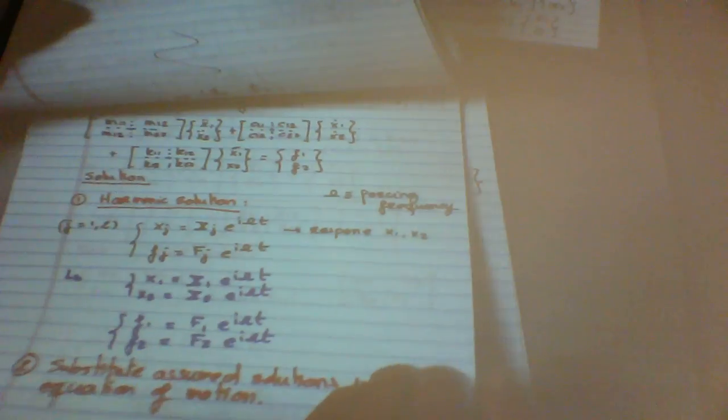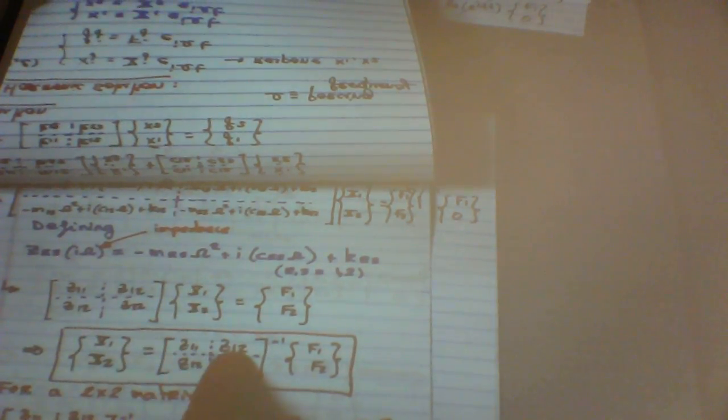When I go back to the class notes, we have the forced vibrations problem here. This is the general equation, with F1 and F2. We assume the same solution we did now, this is the general form, and at the end the equation we just wrote is this one, but with the Z notation.